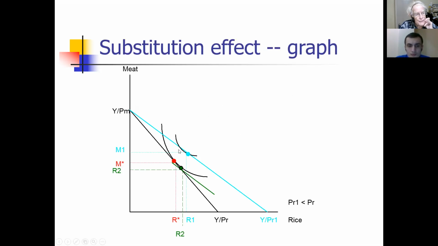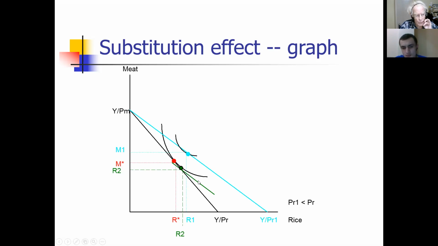So in the graph, the substitution effect brings us from the red point to the green point. So you can see that the green budget constraint is reflecting the new price of rice.